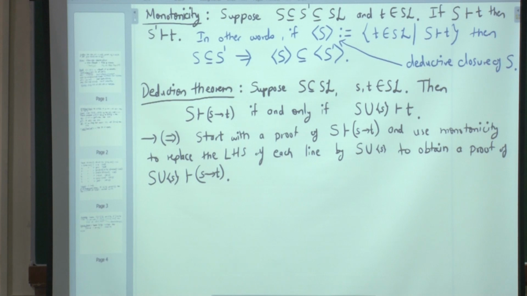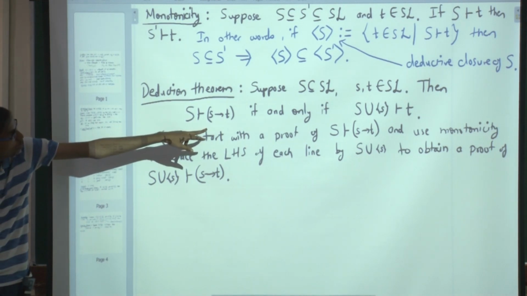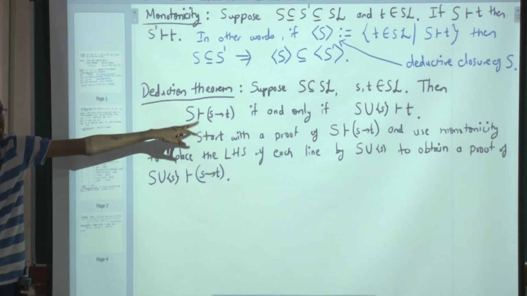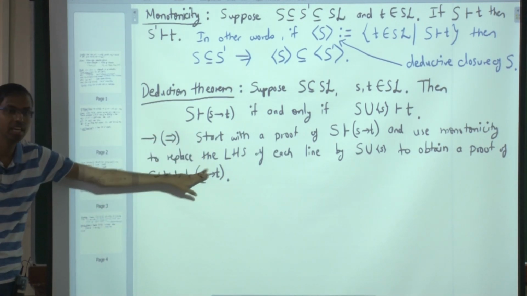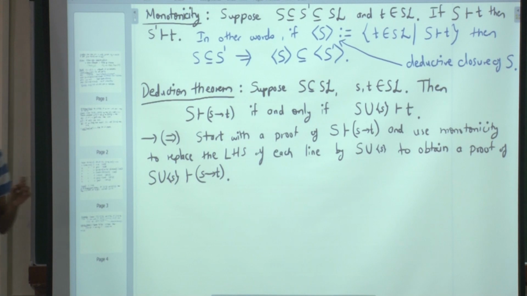Now, what do I want? I want a proof of S union singleton s proves T. How do I obtain it from here? I have this. Modus ponens on what? I don't have two statements yet. We can use NLA, right? So add two lines.